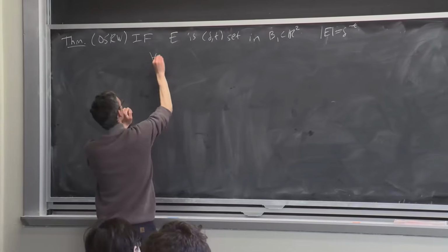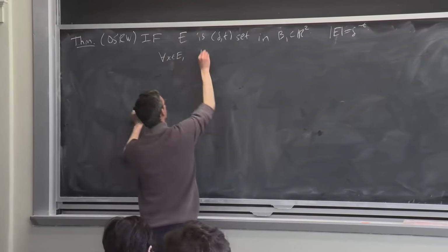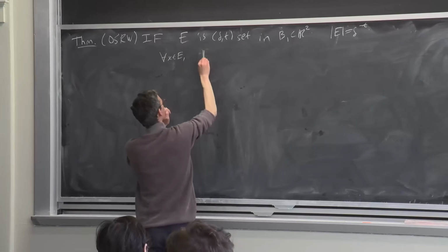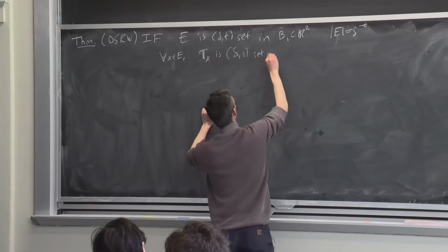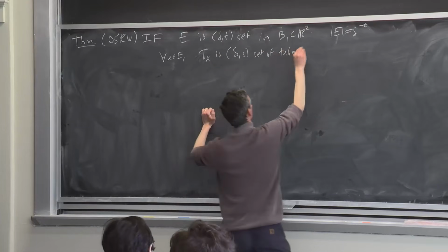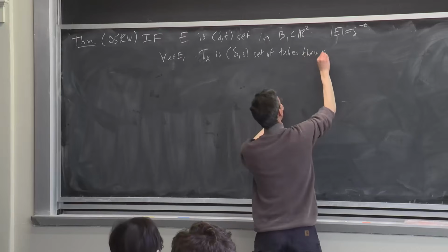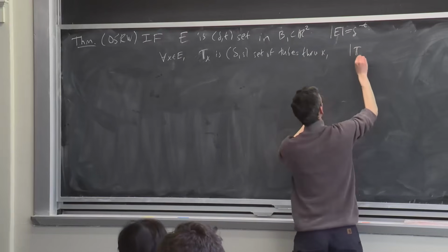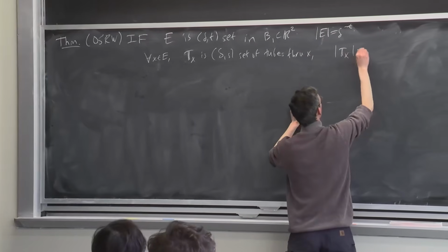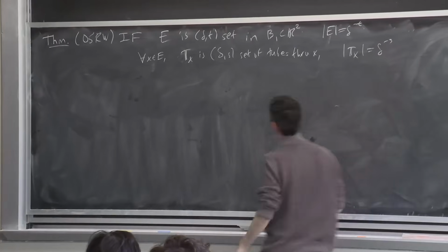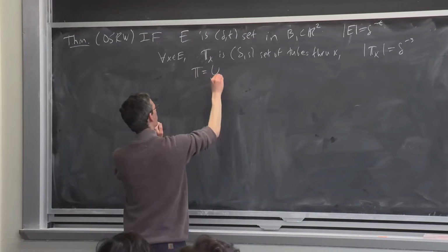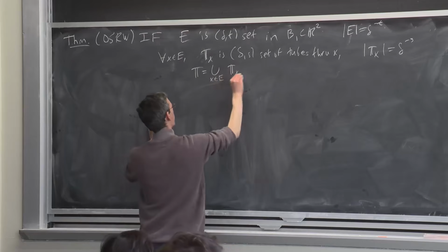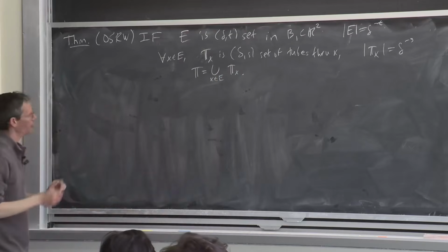And then for every point x in E, T_x is a (δ, s)-set of tubes through the point x. And there's no loss of generality in assuming that this is δ^(-s). Put them all together to make a set of tubes T.